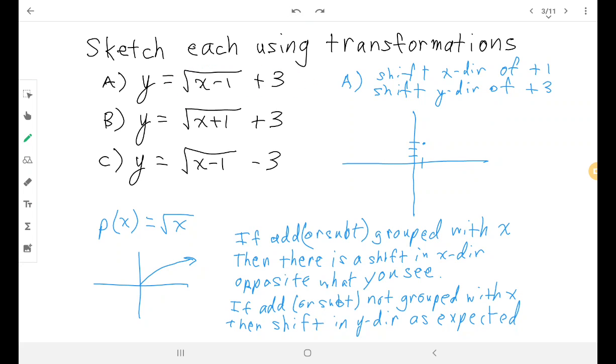So there's nothing else that has to happen, which means it moves and then it looks exactly the same as the parent function, just moved. So I just re-sketch that parent function. And that's A, and I'll give you a moment to look at that before we move on and tackle B.